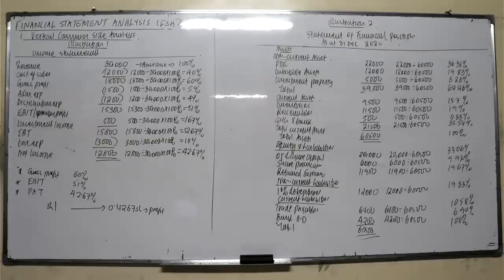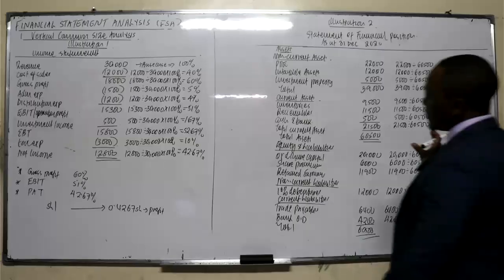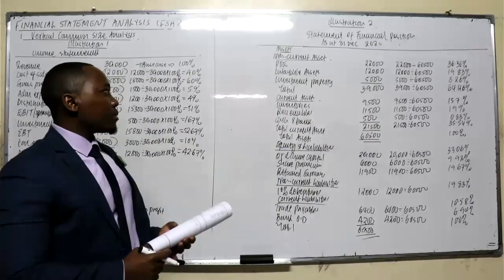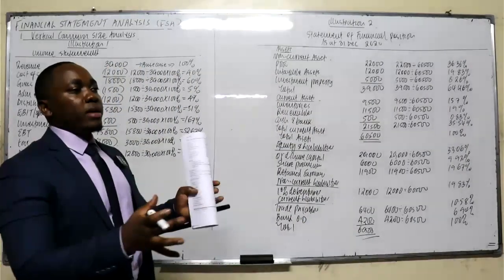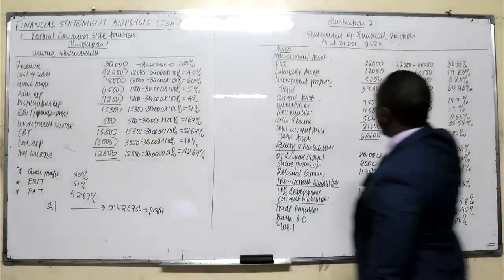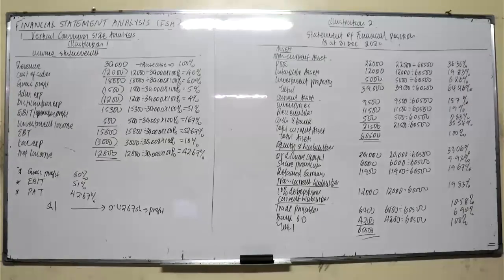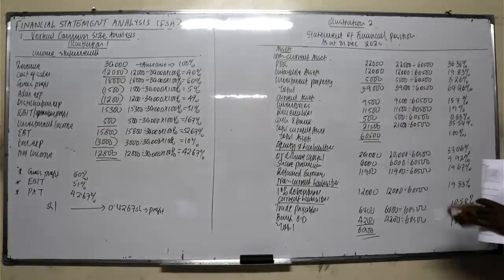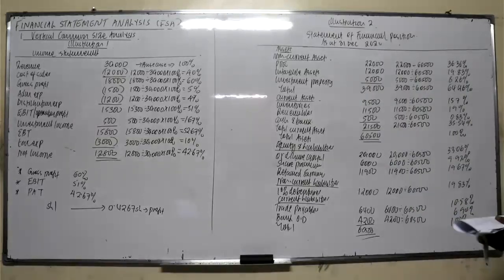So in that case, how do you interpret such information? For example, if you want to determine how much the company invested in the intangible assets: PPE represents 36.36% of the total assets. Our intangible assets represent almost 20% of our total assets.